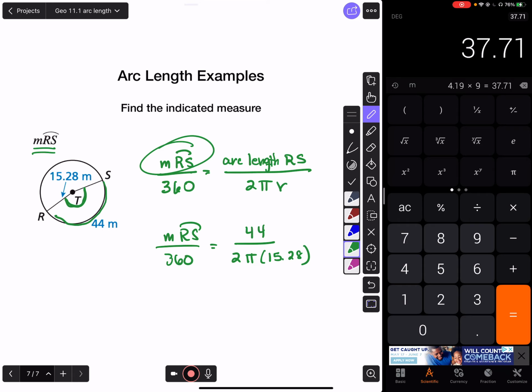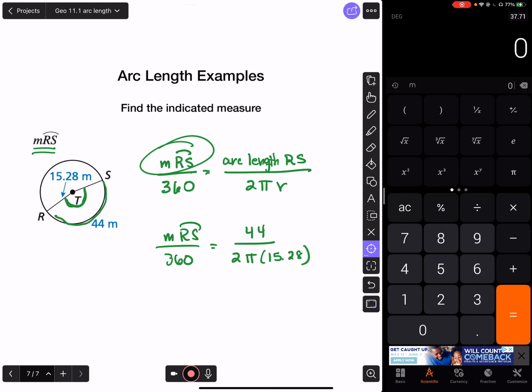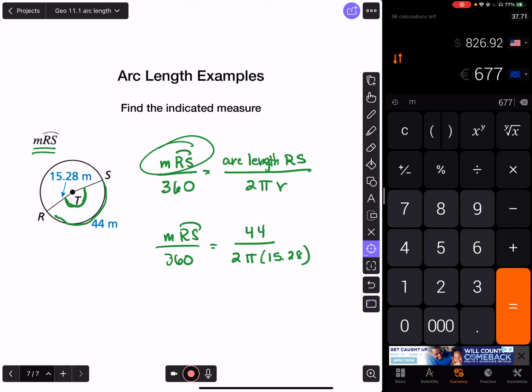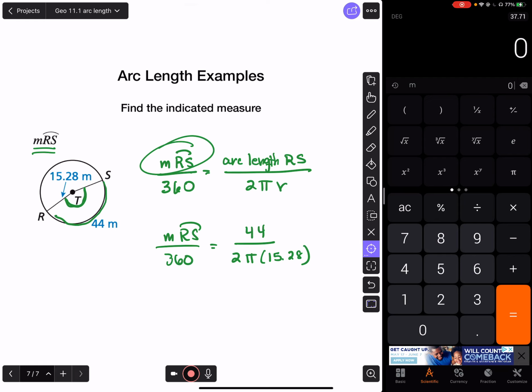Well, let's go ahead and crank this right-hand side here. Let's knock it down to a decimal. I think for this, I'd probably calculate my denominator first, and then I'd do 44 divided by that denominator. So 2 times 3.14 times 15.28 equals.